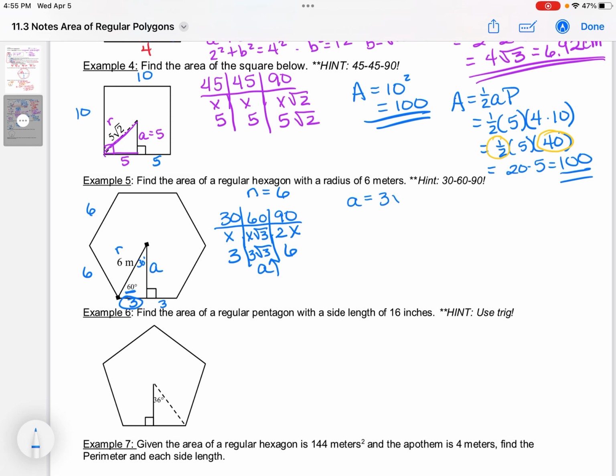So my apothem is 3 times the square root of 3. My perimeter is 6 times 6 because I have 6 sides. So it's 36. And my area is 1/2 times 36 times 3 square root 3.